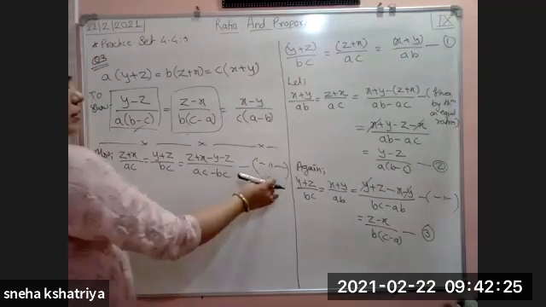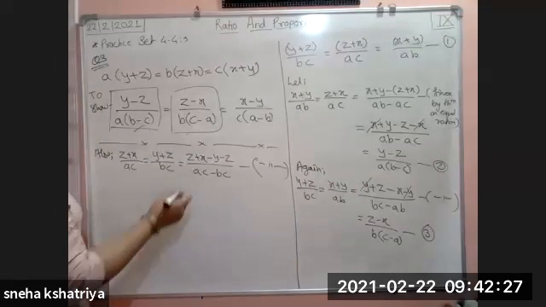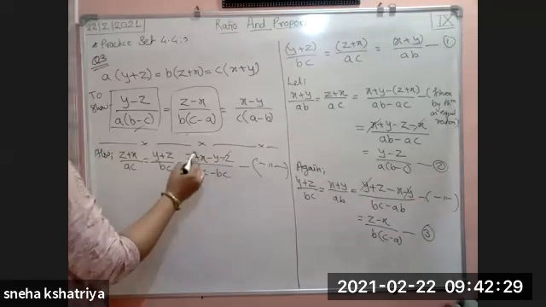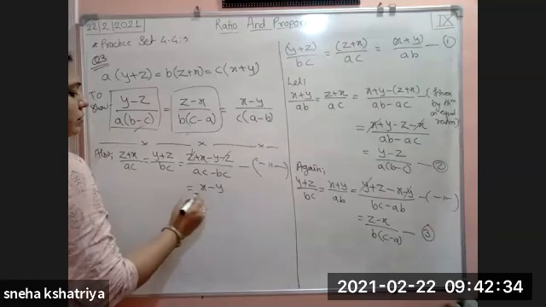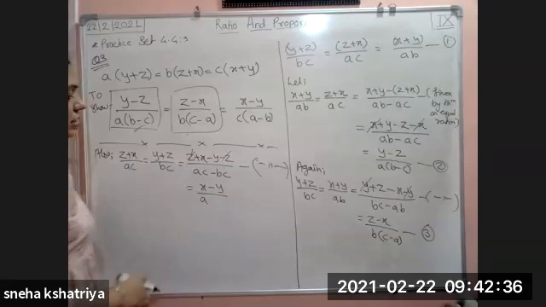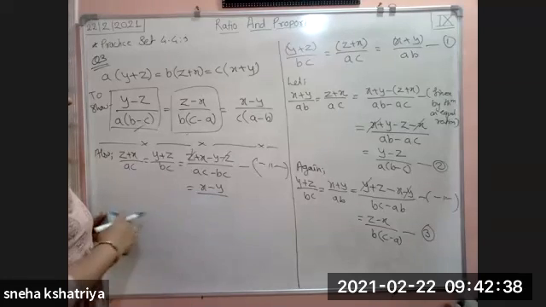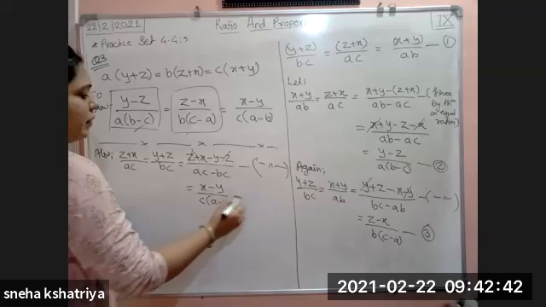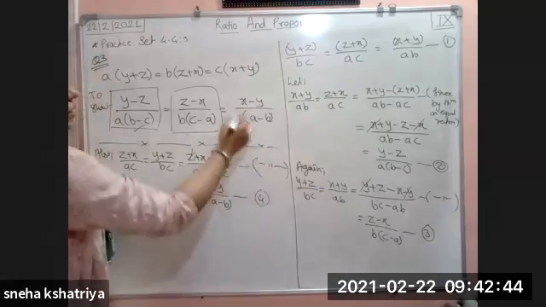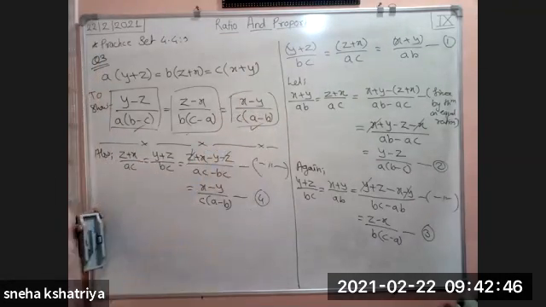By theorem on equal ratios. Again see here plus Z minus Z get cancelled. What is remaining? X minus Y divided by, take C common, you get A minus B. Say it as equation number 4. We will get the third part also.